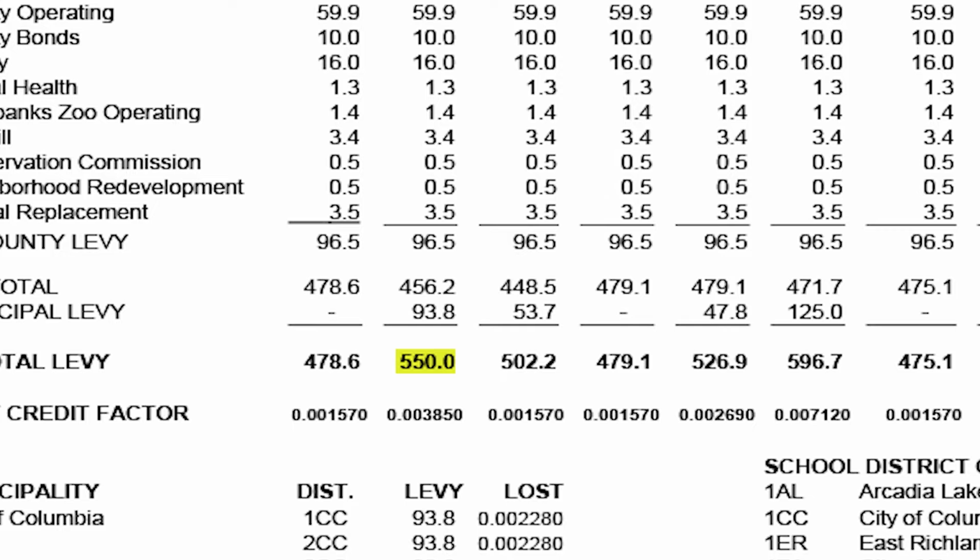In this one, it's actually broken out into county and city. This property's in the city, so there's a city municipality that adds additional taxes. If I add these two up, plus 93.8, yeah, it's the 550 millage, which is 0.55, which is right here on our millage sheet. So that is our total millage amount.